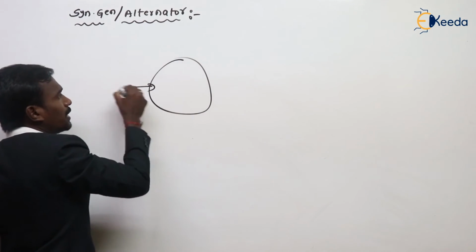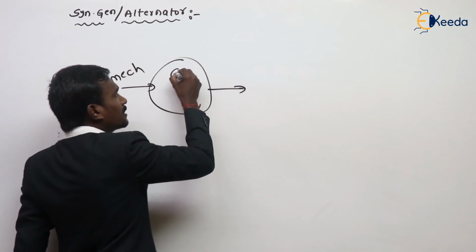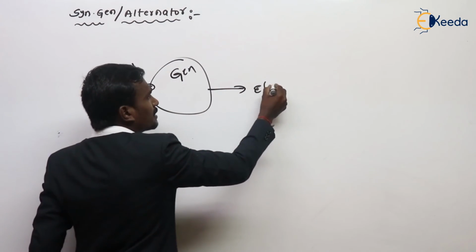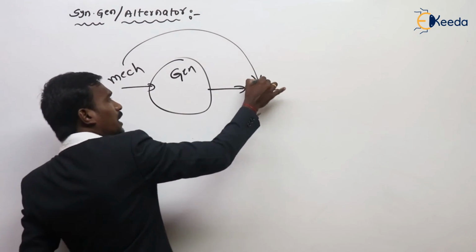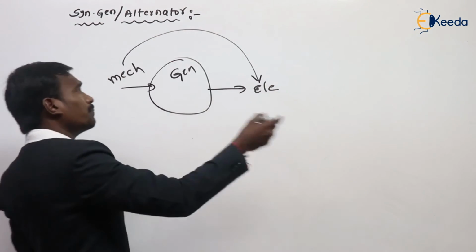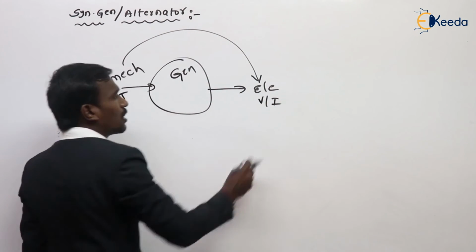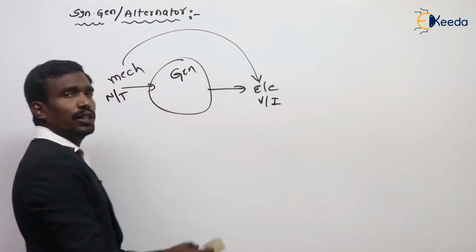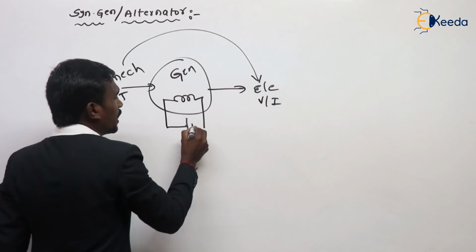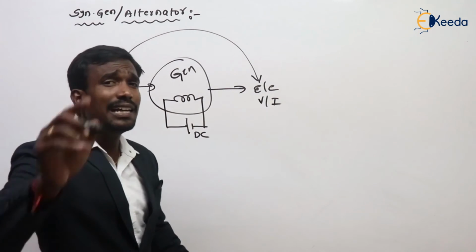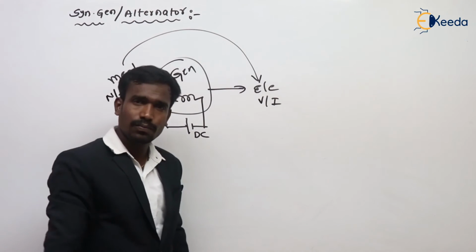Here we give mechanical energy, and the alternator gives us electrical energy, converting speed or torque into voltage or current by utilizing the excitation. Which excitation? DC excitation.